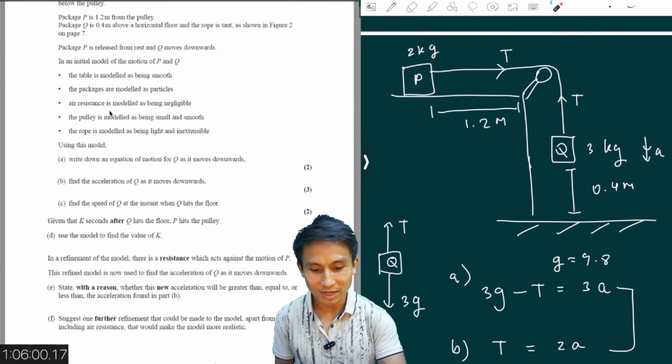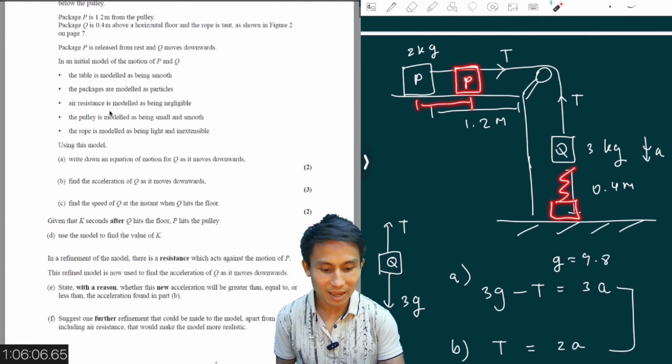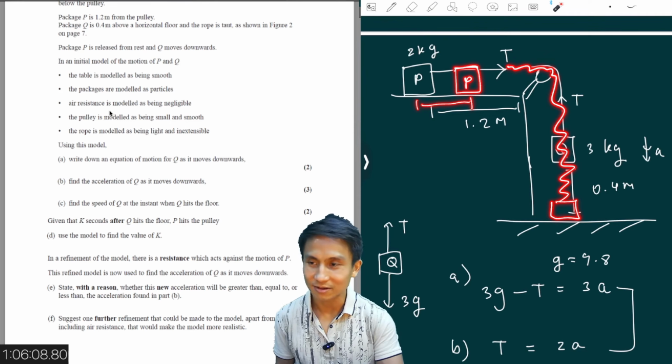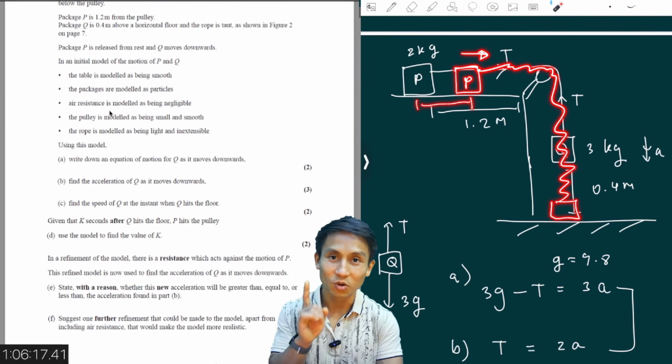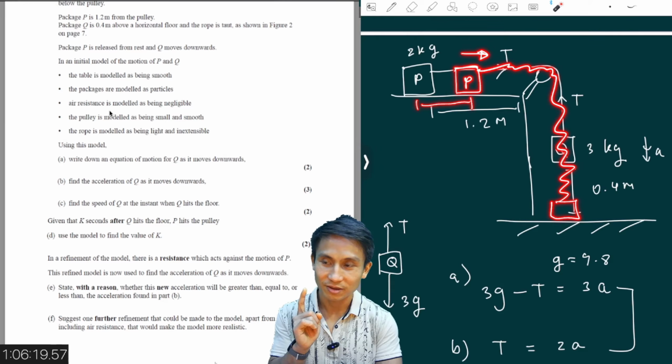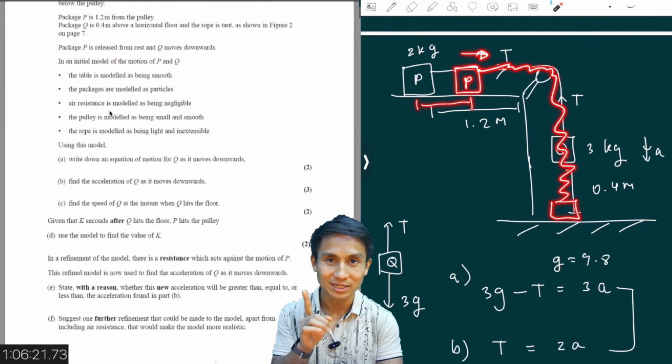Actually, we know exactly where P will be: 0.4 further to the right, and Q will be on the floor. And when that happens, the string will become slack, not taut. That means P will move with inertia, but no acceleration, no deceleration.